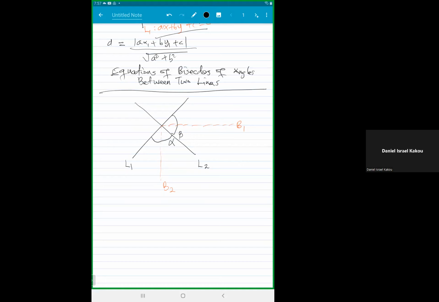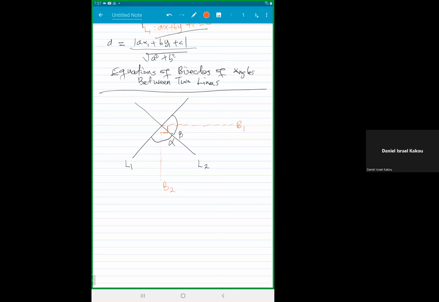That is all that you need to be able to really understand the relevance. So, like I introduced, B1 and B2 are always perpendicular. Usually when you are told that you have two lines and they are bisected by these lines, the first property that comes to mind is that those two bisectors are perpendicular.